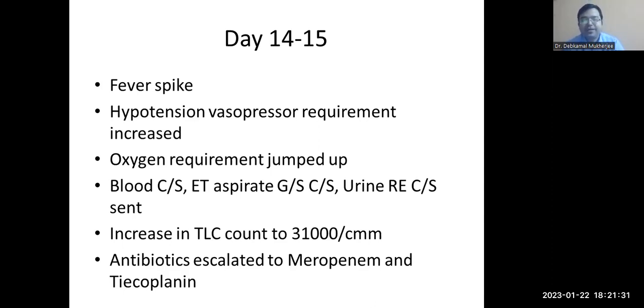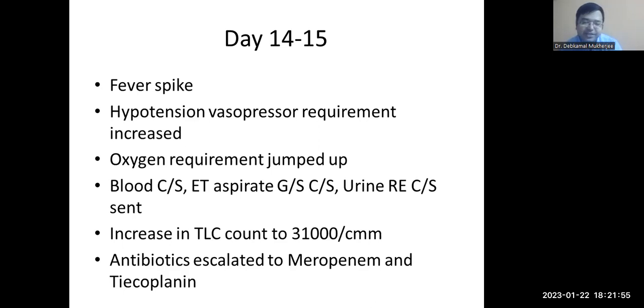So we sent blood cultures, ET culture, a gram stain culture and a urine culture at that point of time, since the TLC count had also jumped up to 31,000. Initially the patient was on a third generation cephalosporin.